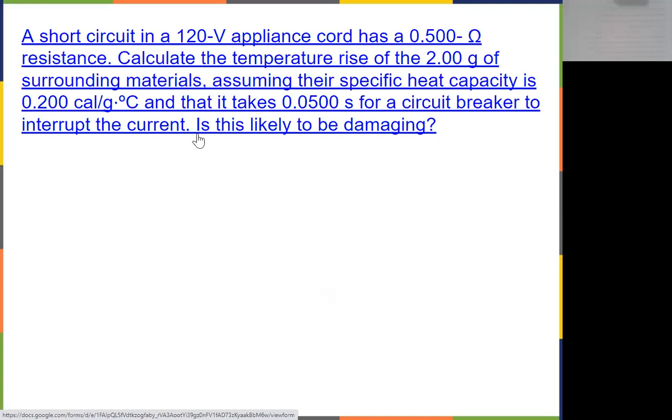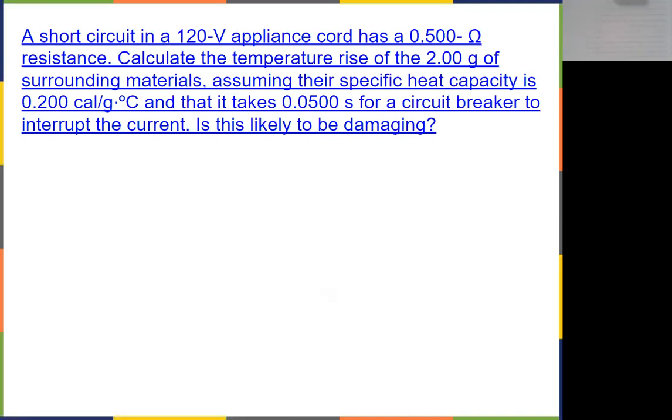So is this likely to be damaging? In other words, what would be the temperature rise in that small time period? If the temperature rises too large, then it could be damaging.